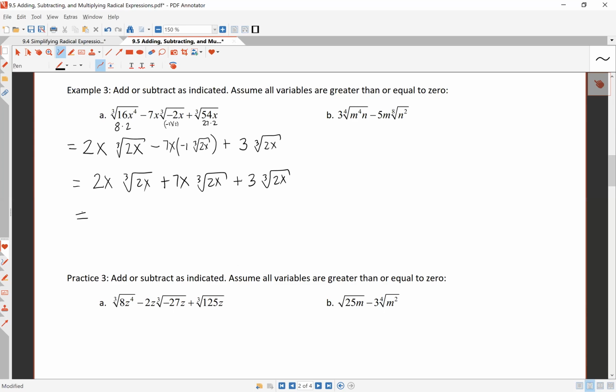And so now we add the like terms together. Only these two are like because this last one doesn't have an x on it. So we have 2 plus 7, which is 9, and then this variable part comes with it.